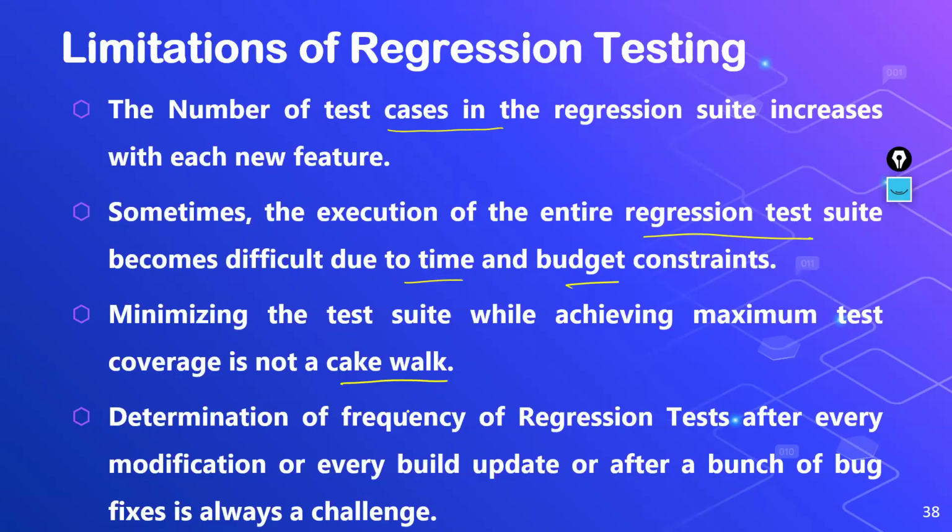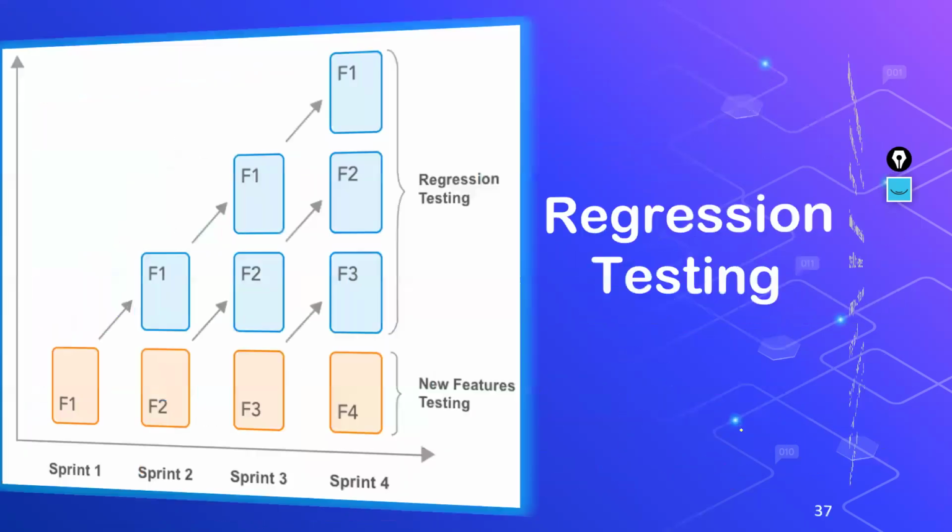That's why determining the frequency of regression tests, after every modification, every build update, or after a bunch of bug fixes, is always a challenge. It's not like every time, because now we have automation.